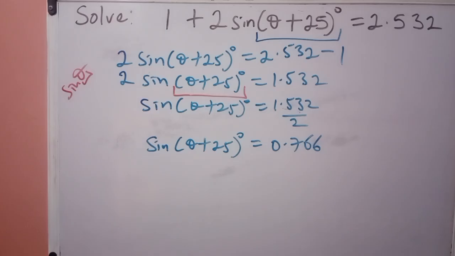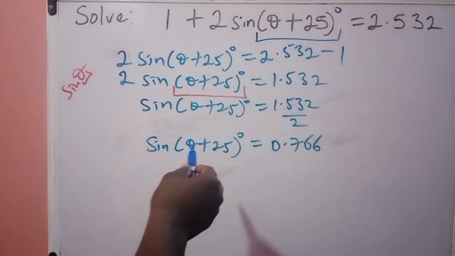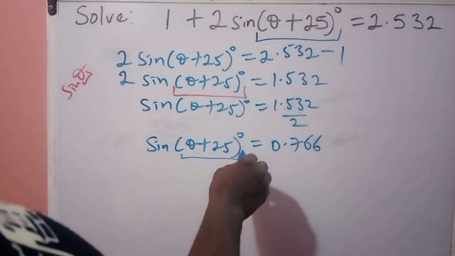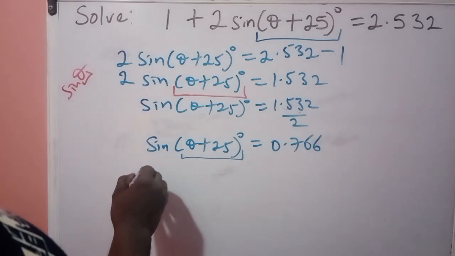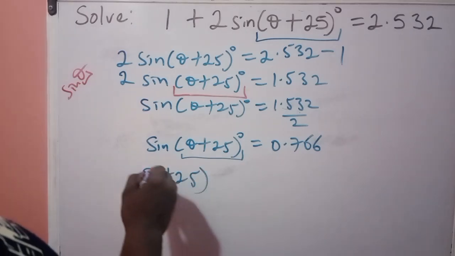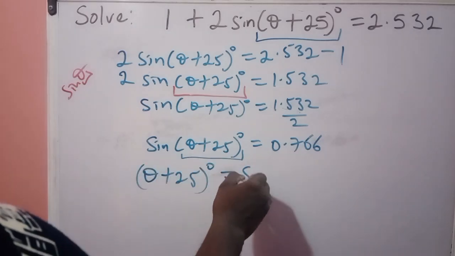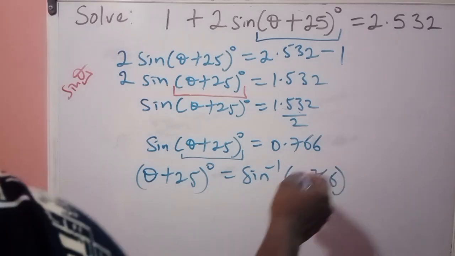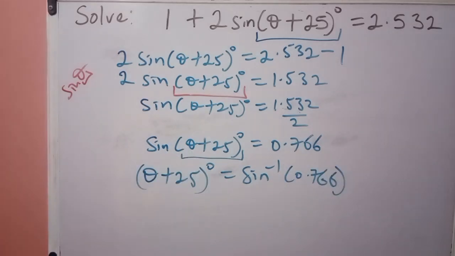Now this is exactly what I'm trying to say here. Look at now, for us to find, we don't want to isolate theta plus 25, so rather we would have theta plus 25 degree equals to arc sine 0.766. So you take theta plus 25 as the angle, not just theta here alone.